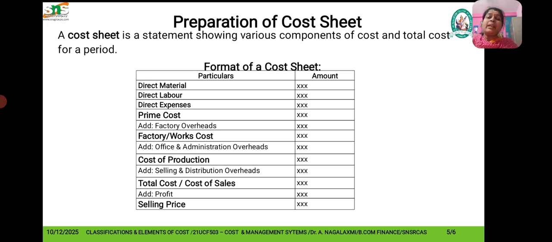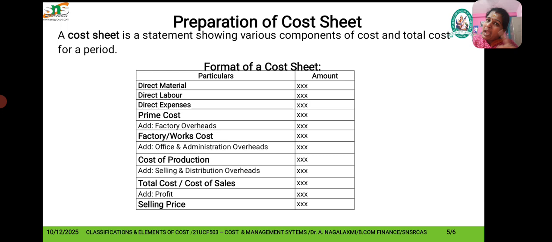So direct material, direct labor, direct expenses, when we add together we get prime cost. If we add factory overheads to prime cost, we get factory cost or works cost. When the factory cost or works cost is added with office and administration overheads, we get cost of production. If we add selling and distribution overheads along with the cost of production, we get total cost or cost of sales.